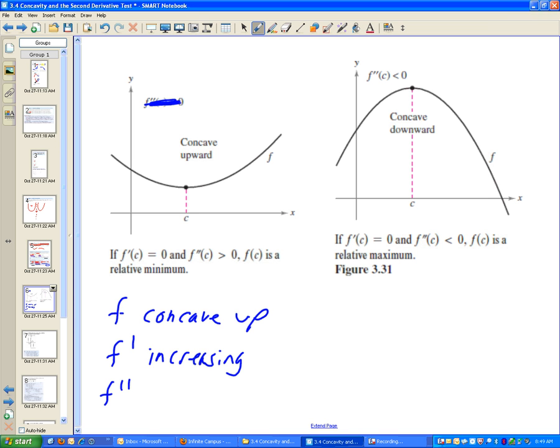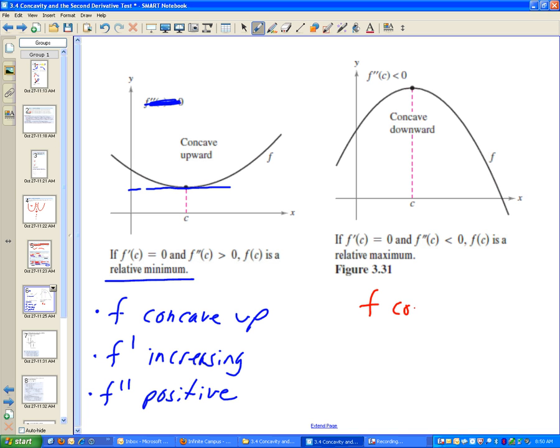Positive or negative? If you know any one of these three things, you can conclude the other two. And when all that happens, look back to the graph. What happens where the derivative equals 0? Relative minimum.